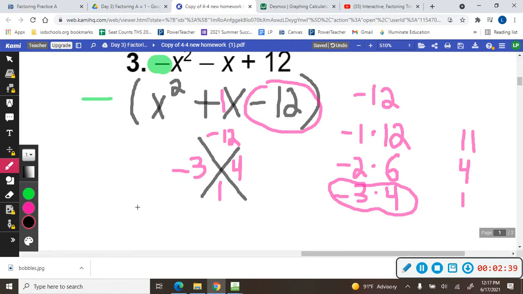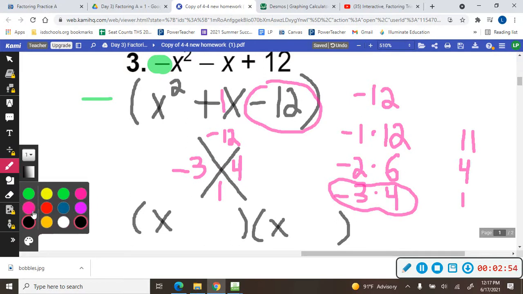Now I'm factoring, so it's going to be whatever this variable is. It's not always x. So it'll be x and x, because x times x is x squared. And then I'll fill this in with -3 plus 4.